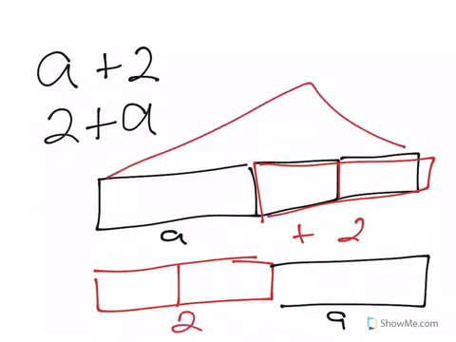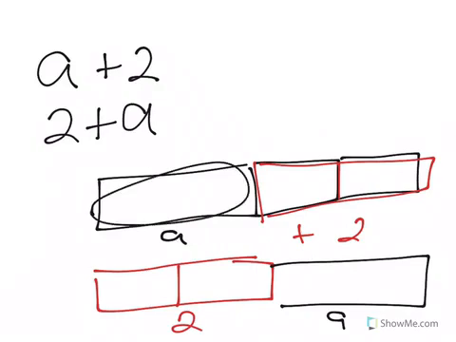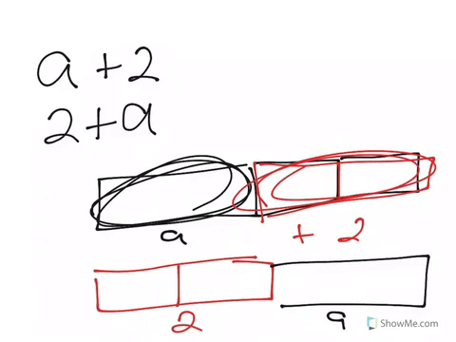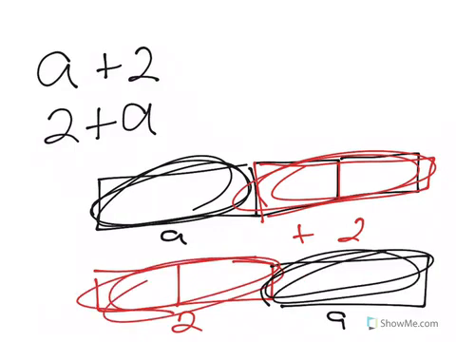That looks like it's about 4. It's not necessarily accurate because we don't know what A is. A could be 50, A could be 1,000, A could be 1. But what we're showing is we've got a number here and we're adding 2 to that number. Or we have 2 and we're adding A to that number.